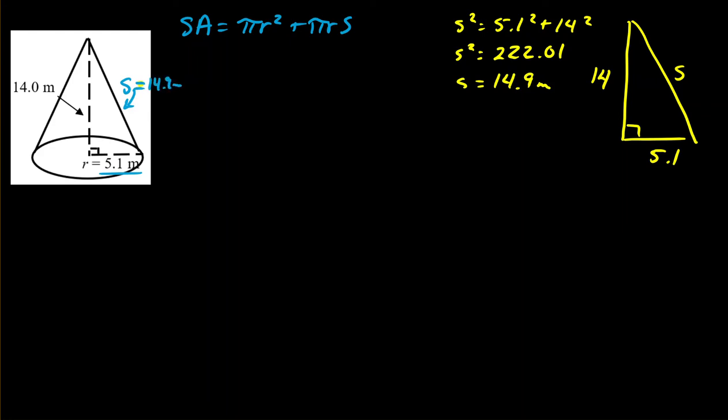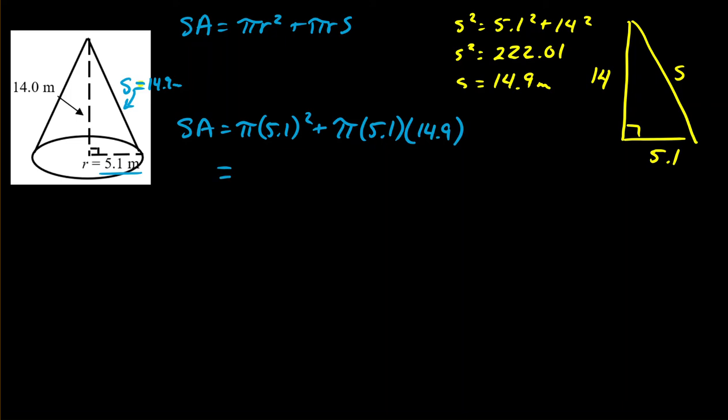So the slant height is 14.9 meters. The surface area is pi r squared, so pi times 5.1 squared, plus pi r, which is 5.1, times s, which is 14.9.